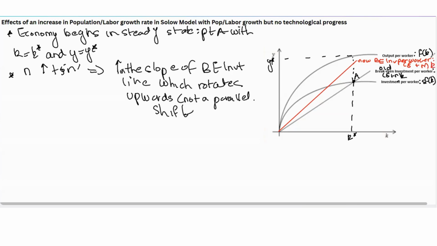We can see the slope has gone up from delta plus n to delta plus n prime, where n prime is greater than n. Because the slope has gone up, it has rotated upwards in this manner. So this is what has happened now.